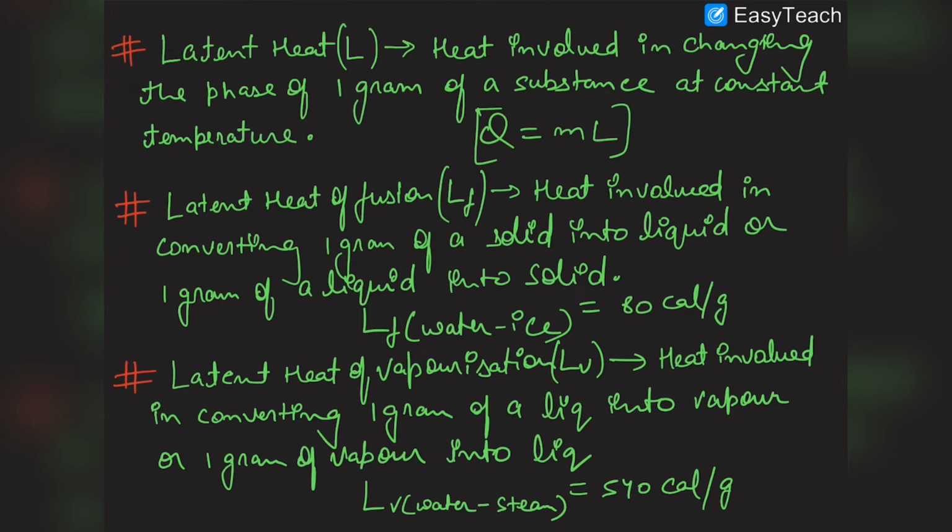But when we are burned by 100 degrees Celsius steam, the steam would first convert into 100 degrees Celsius water, releasing an additional 540 calorie per gram in the conversion, and then that water would go from 100 to 80 degrees Celsius, giving the same amount of heat as in the previous case.